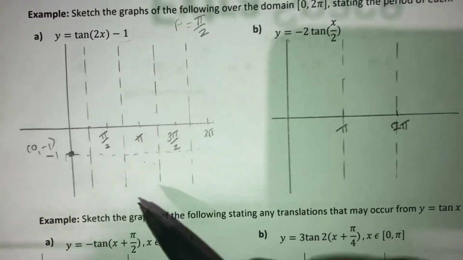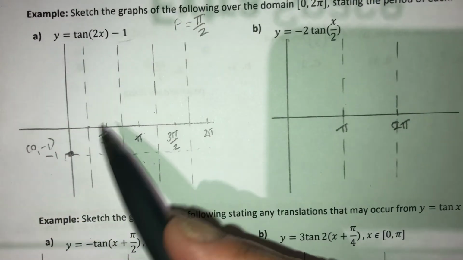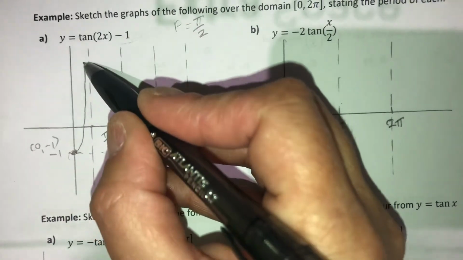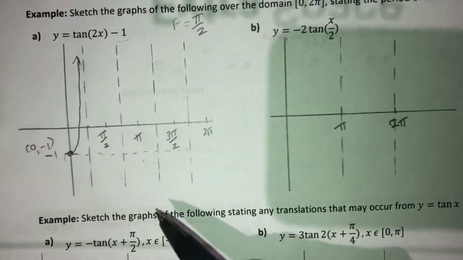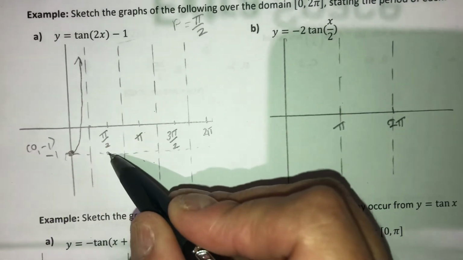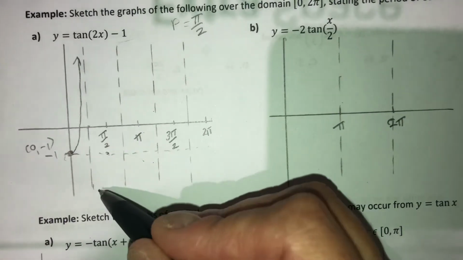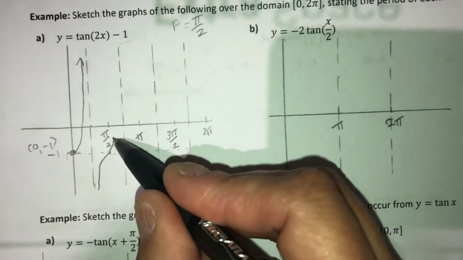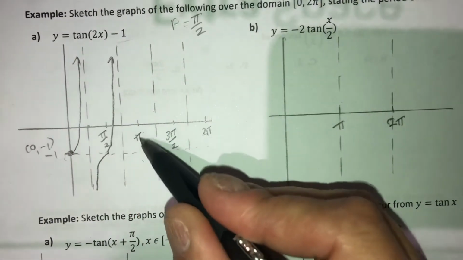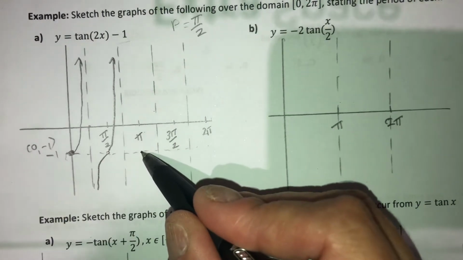Okay. So that's why the asymptotes are drawn where they are. So we're going to come up here, going along there. Then the next one is going to be at pi on 2, -1, where we go through and up. Next one is going to be at pi, -1.